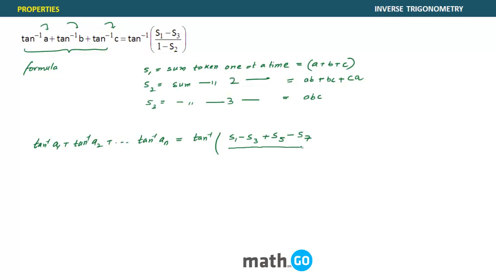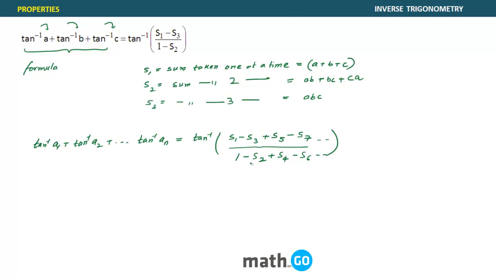Similarly in the denominator, 1 minus S2, then plus S4, then minus S6, and this is how the series will go on. So this is how the series works in n number of cases.